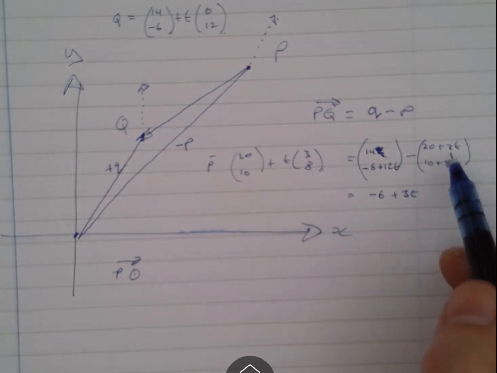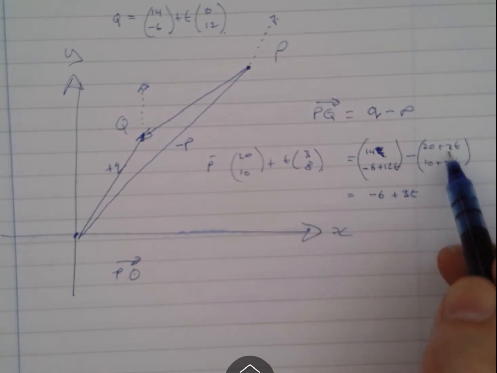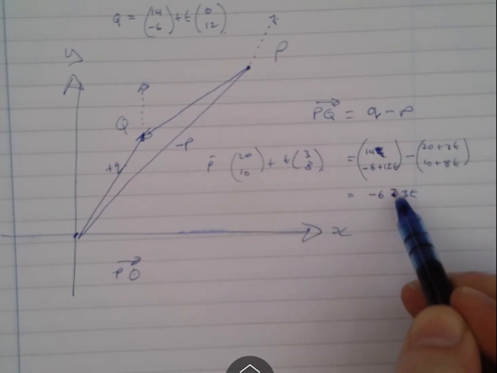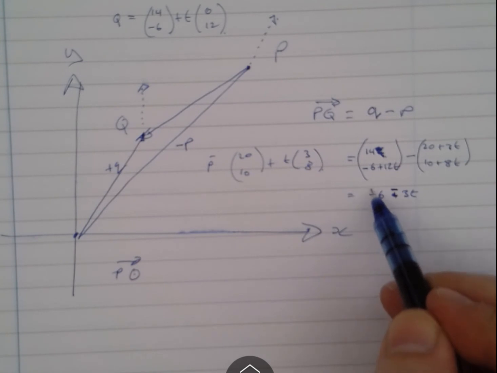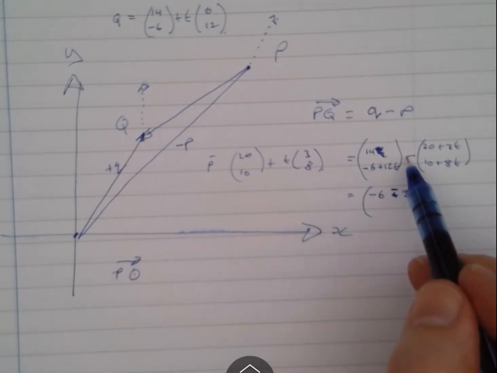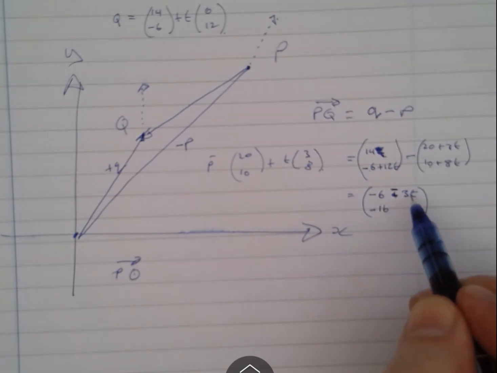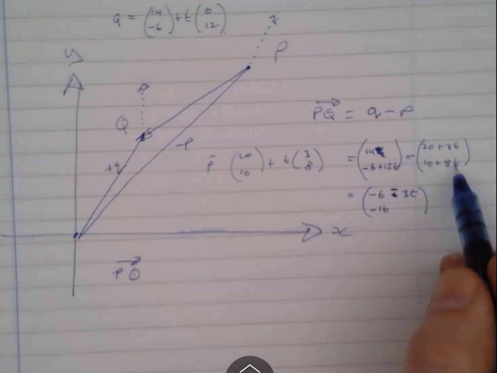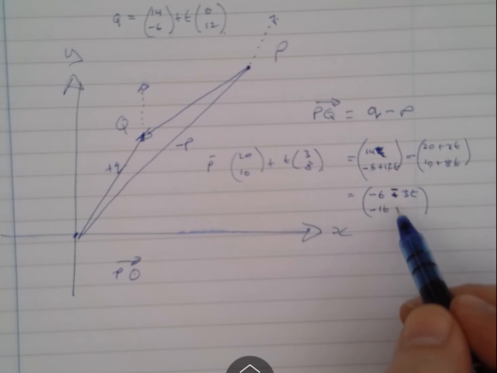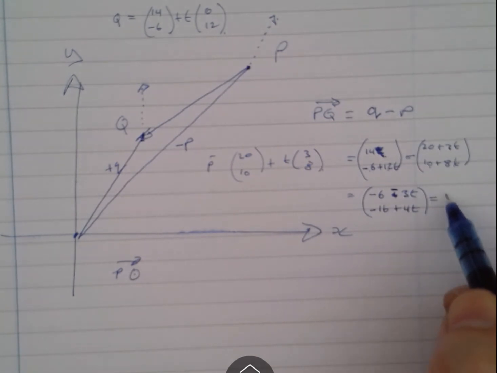Actually, I made another mistake because I've got to be careful with these minus signs, because that minus is applying to that one as well. So actually that should be a minus 3T. The fact that I'm making a mistake shows you got to be careful. And here we get minus 6 minus 10, which is minus 16. And then I've got 12 take away 8, which gives you 4T. So that actually is the vector P to Q.